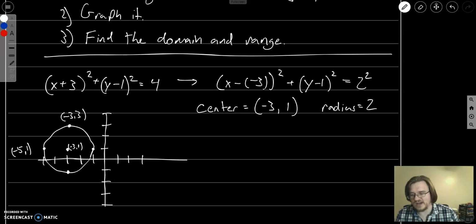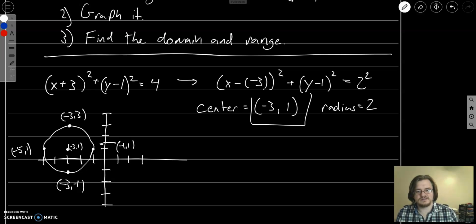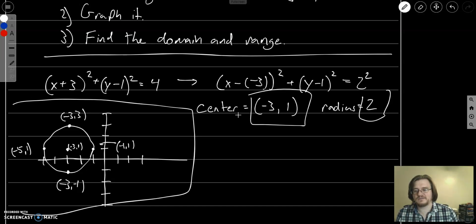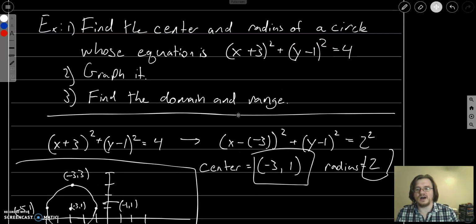If we extend 2 down, it's going to be at (-3, -1). And if we extend 2 to the right, that's going to be at (-1, 1). Okay, so we can identify the center and the radius. We've got our graph. So we found the center and the radius, and we've graphed it.